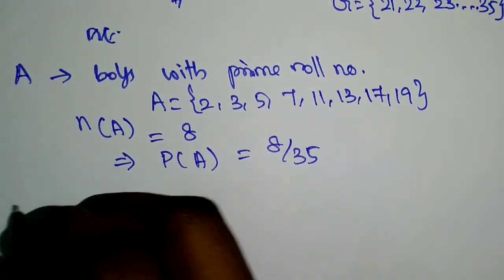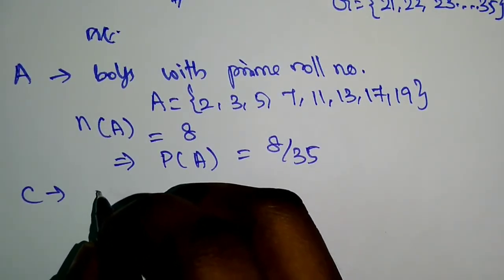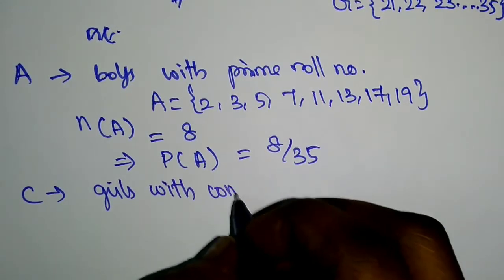Now let C be the event of girls with a composite roll number.